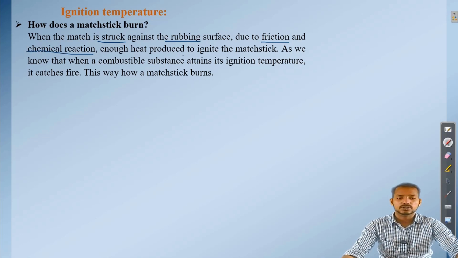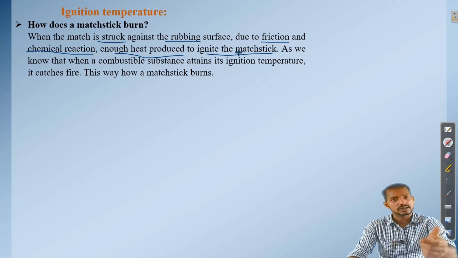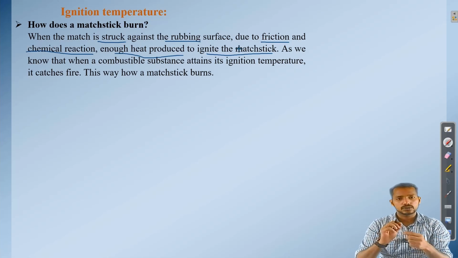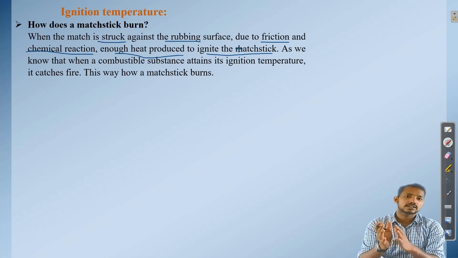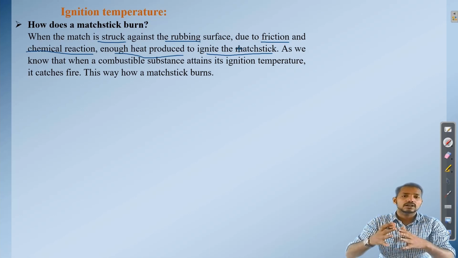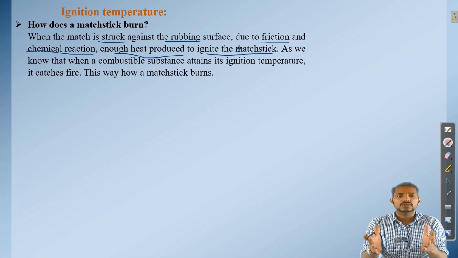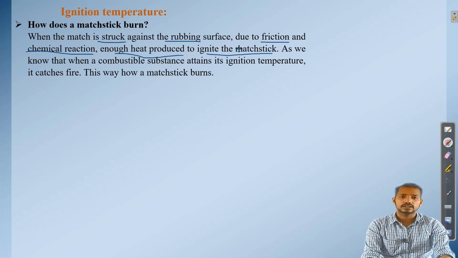During the friction some heat is generated, and with that heat some chemical reaction takes place. As a result, enough heat is released. That heat will be sufficient to ignite the matchstick.